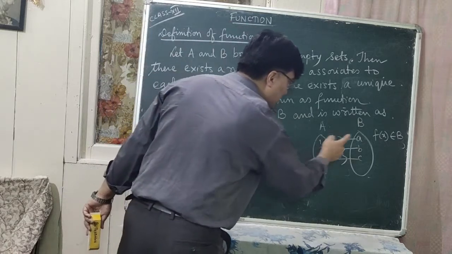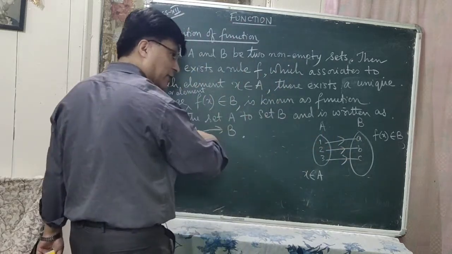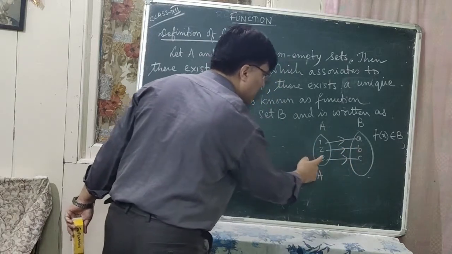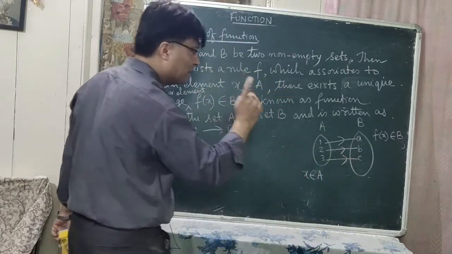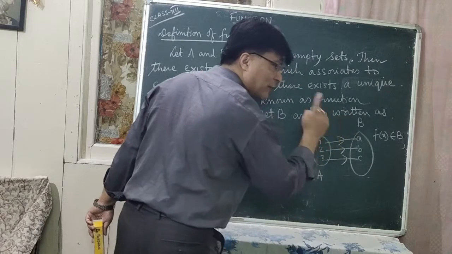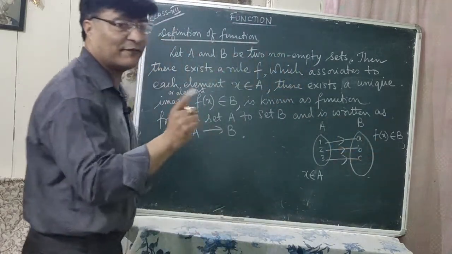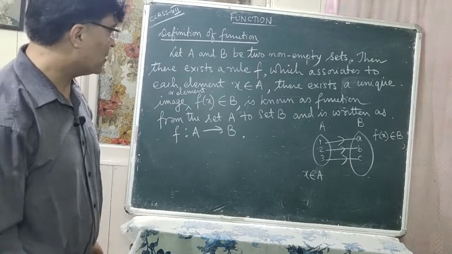But 1 is known as the pre-image, so 1 is the pre-image of A, 2 is the pre-image of B, 3 is the pre-image of C. That means this f of x is known as the image of x and this x is known as the pre-image of f of x. So I think you have understood it.